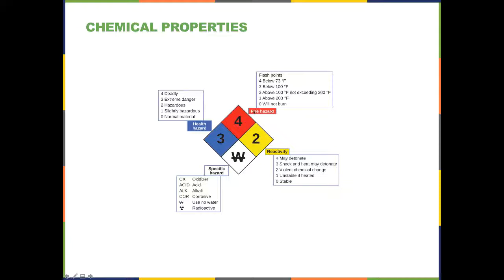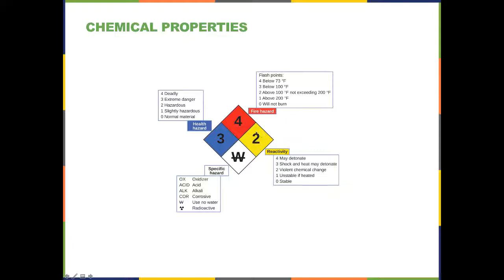The orange is when it will burn. And again, the larger the number, the lower the temperature required to cause burning. In this case, this burns very easily. The third number is its reactivity. That is how volatile it is, or how likely it is to undergo a chemical reaction on its own.